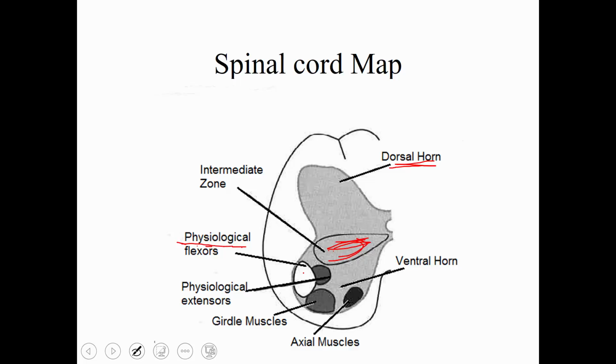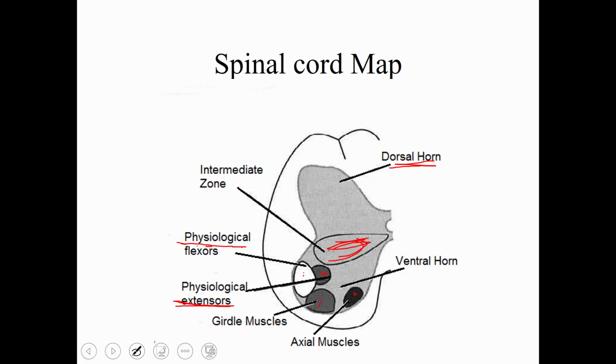The distal muscles that are extensors are in this area. The muscles that control your girdles, and that would be the shoulders or the hips, are in this area. And then the muscles in the axis, which would be the torso and the pelvis and that sort of thing, are contained here.